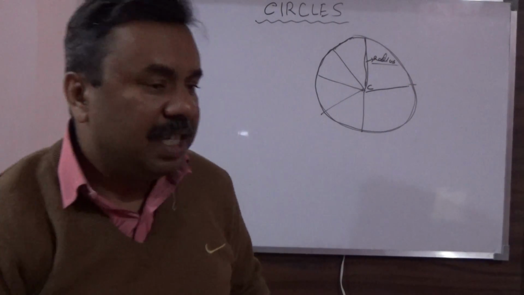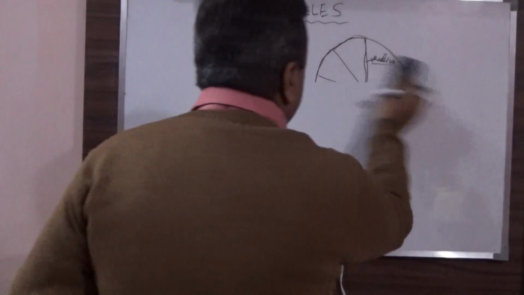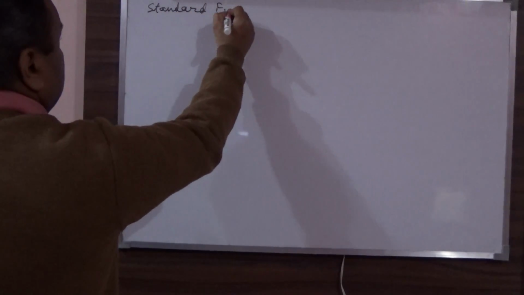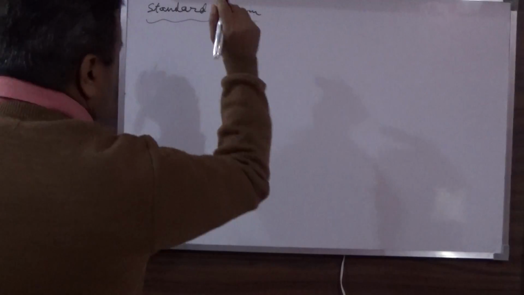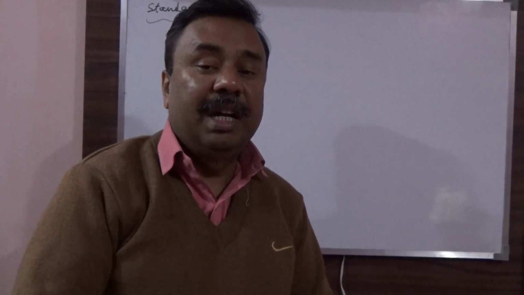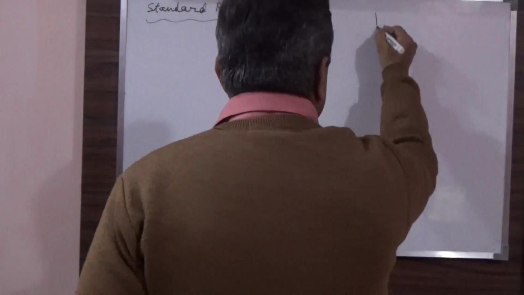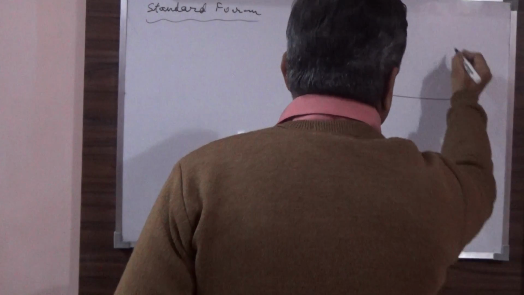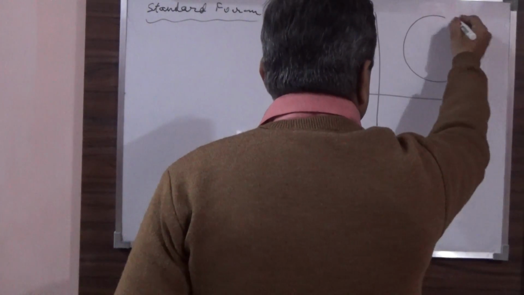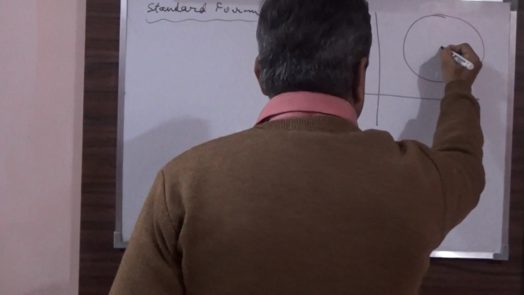So I shall start with the standard form of the equation. Now, what is the standard form? As I told you, a circle is the locus of all the points that are at a fixed distance from a fixed point. Suppose this is the circle and this is the center.